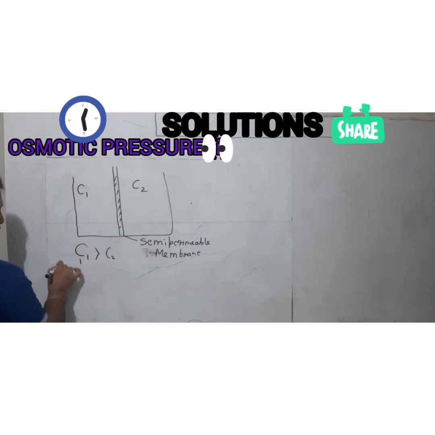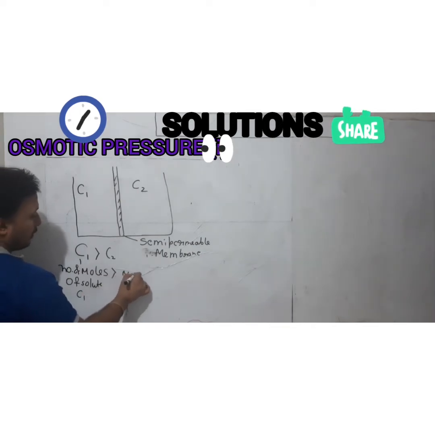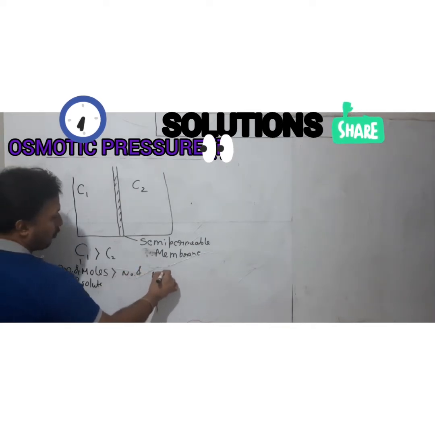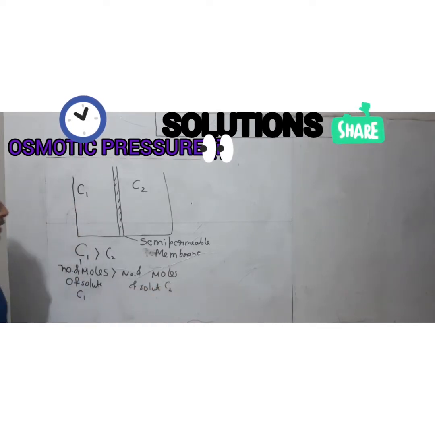It means that the number of moles of solute is going to be more in C1 as compared to the number of moles of solute in C2. C1 has more solute as compared to C2.